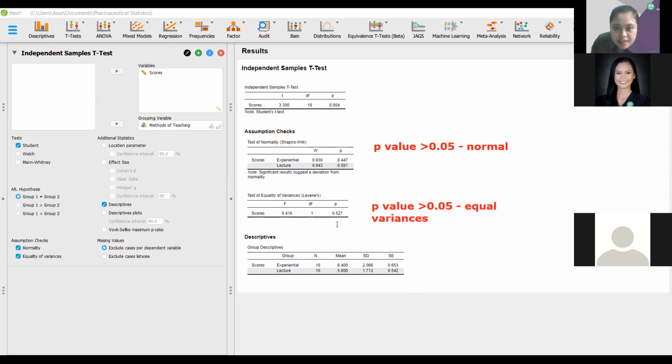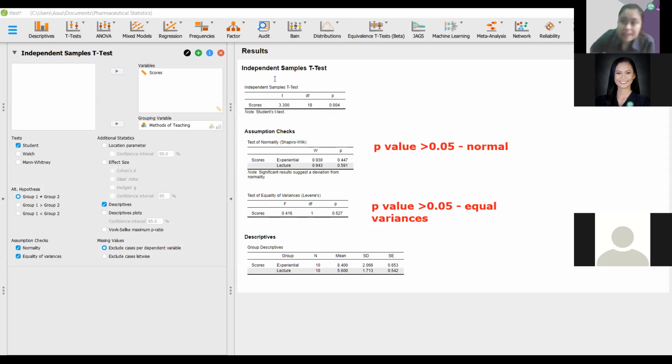In this case, it's 0.527. So yes, the variances of our two groups are equal. Both normality and equality of variance are checked. Therefore, our decision to use the independent sample t-test is correct.